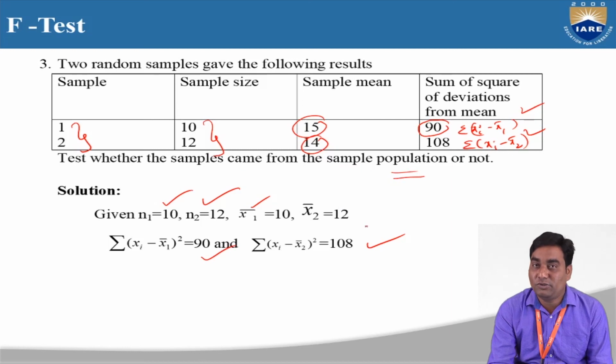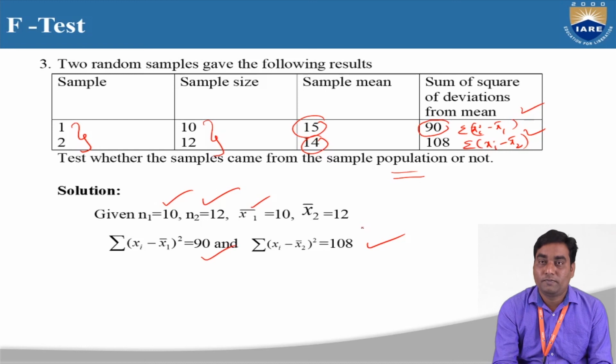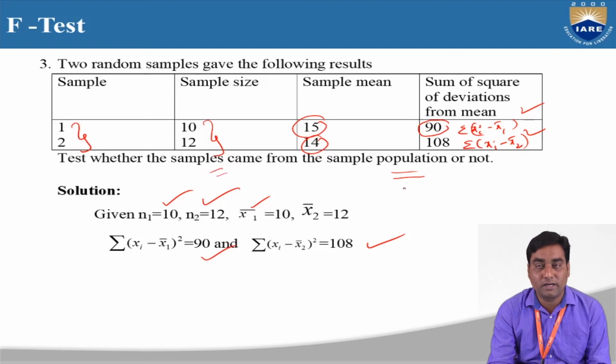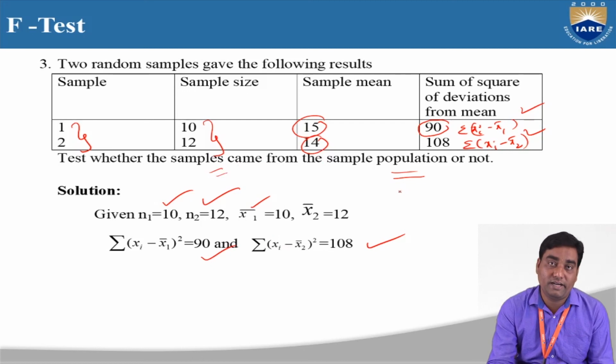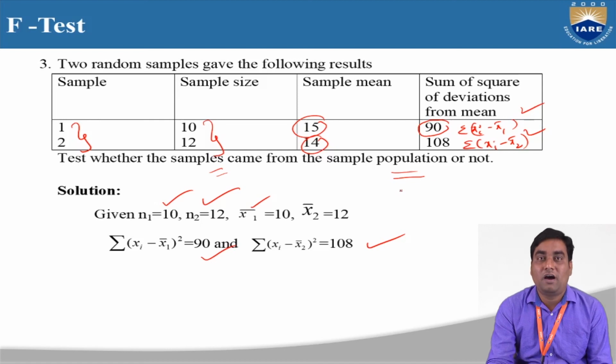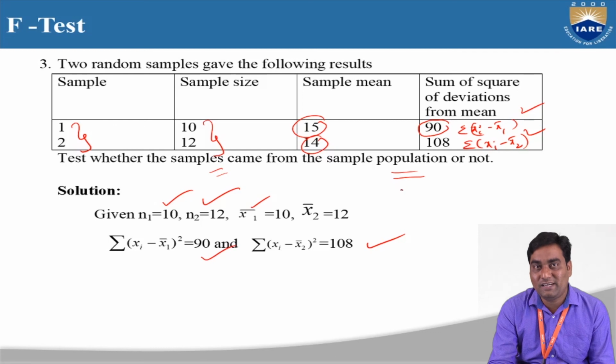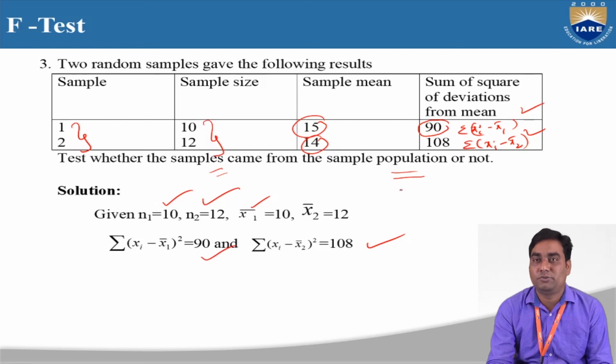According to the description of the problem, these values are given, and it only mentions whether these samples came from the population or not. The problem did not specify whether there is any significant difference between the means of the two samples or between the variances of the two samples.